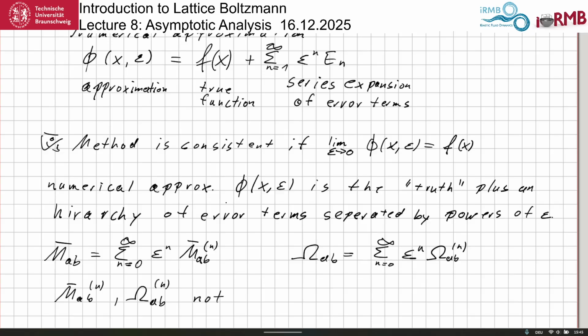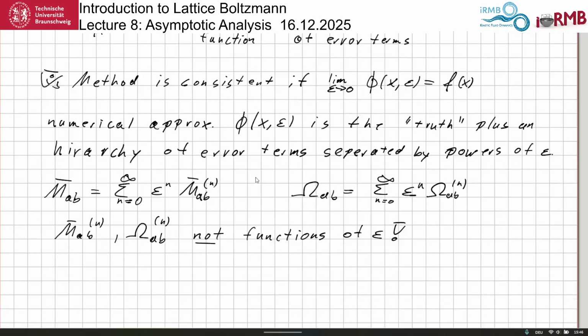They are not functions of epsilon. This is important. Is this clear, or is there any confusion? It is clear because all the dependency is in this expansion. So these things are constant.